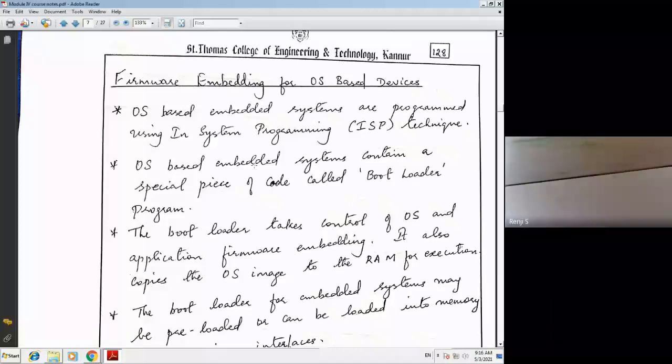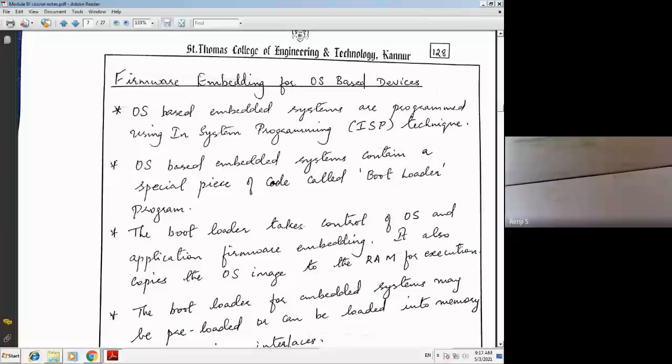That means we are not removing the chip from the target board, and we are powering up the target board in ISP mode, and then we are transferring the firmware into the memory. So the OS-based embedded systems apply the ISP technique only, which we had discussed earlier.